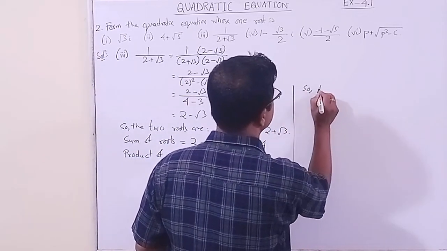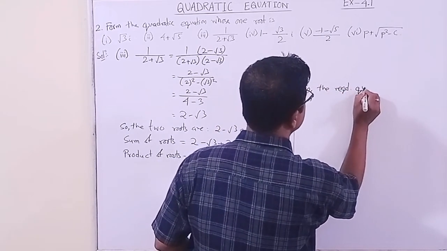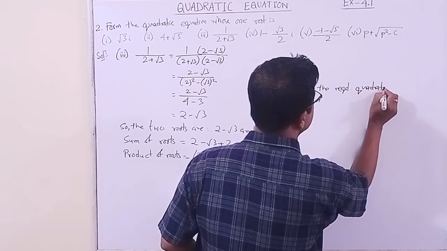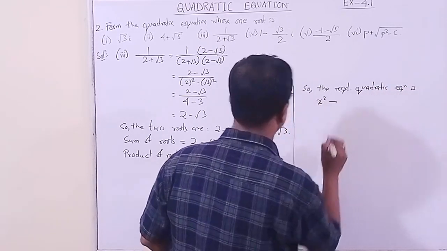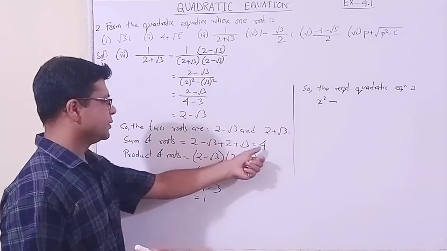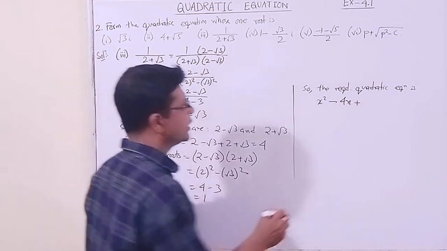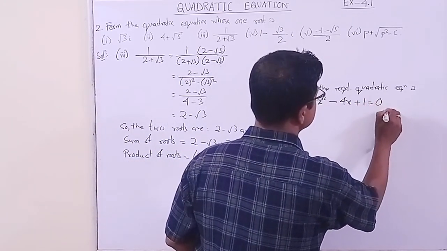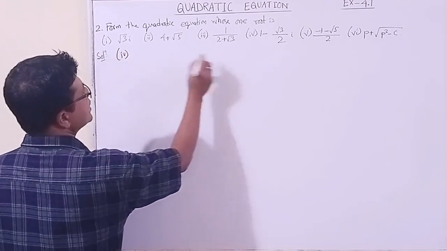So the required quadratic equation is x square minus sum of roots 4x plus product of the roots 1 is equal to 0. Right? Then in number 4, again same thing.